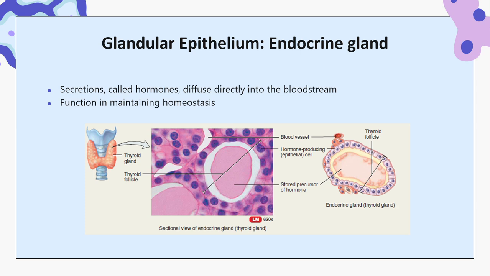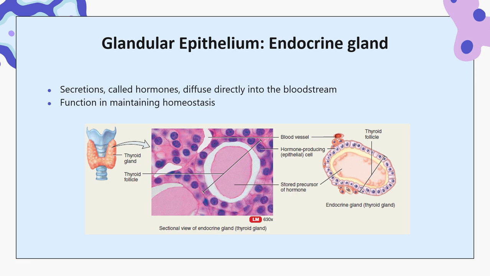So the next type of epithelial tissue is glandular epithelial tissue. We have seen the first type is according to the covering and lining of epithelium, and the second is glandular epithelium. So glandular epithelium has first the endocrine gland. Endocrine glands are also known as ductless glands.